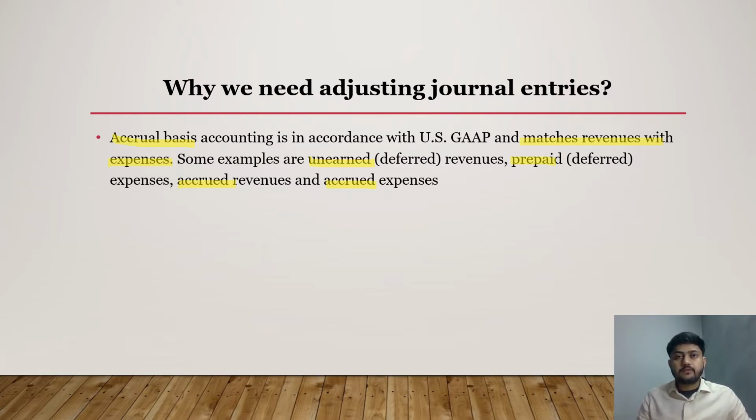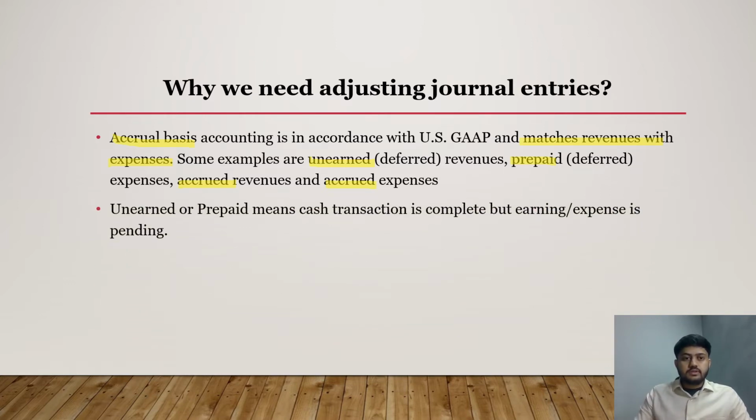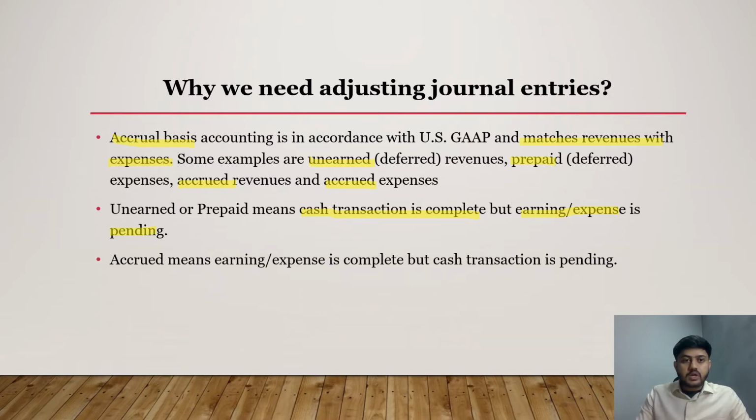So when one of these aspects is completed and the other one is pending, we have to make adjusting journal entries. The meaning of unearned or prepaid is that the cash transaction is complete but the earning or expense is pending. And accrued means earning or expense is completed but the cash transaction is pending.